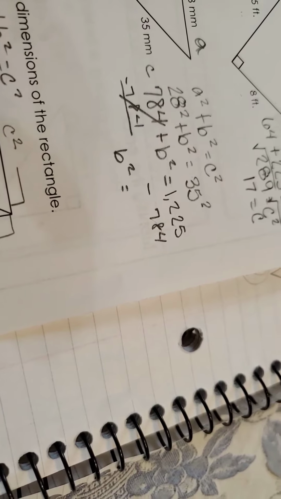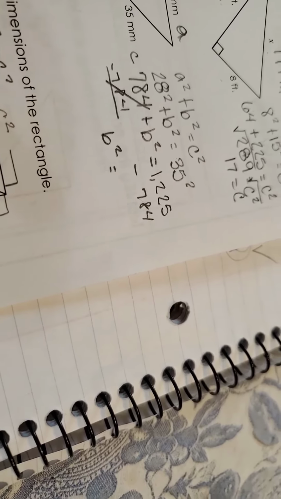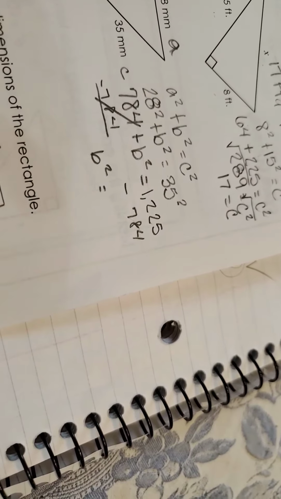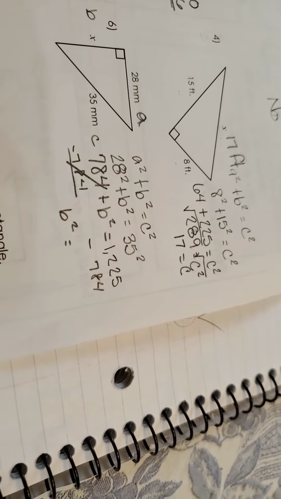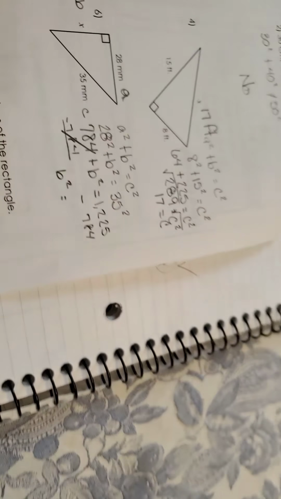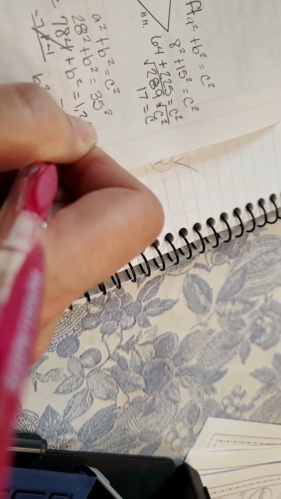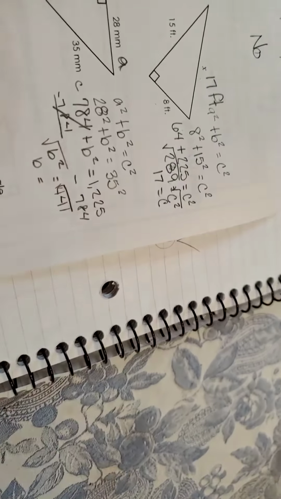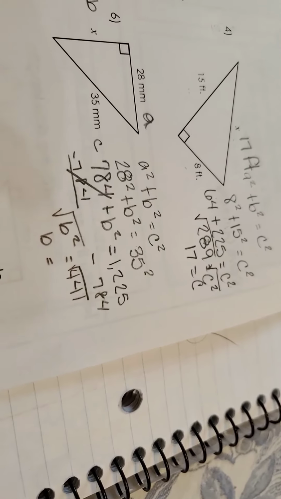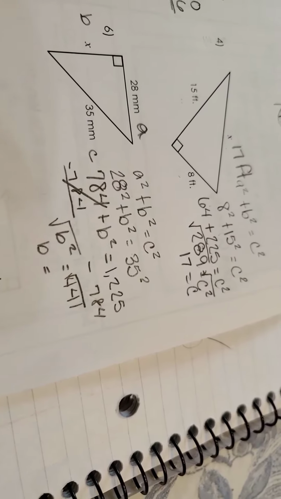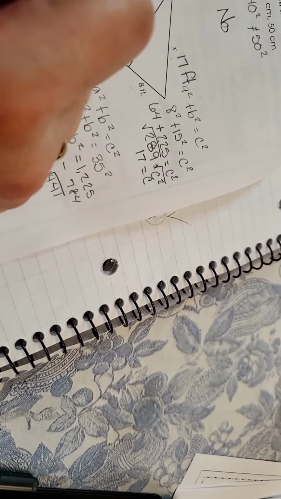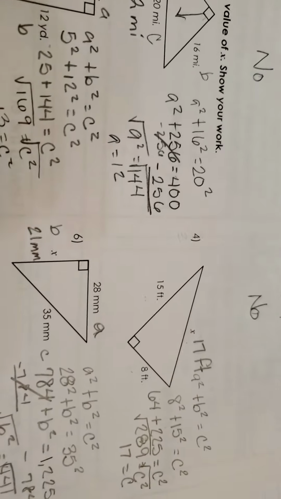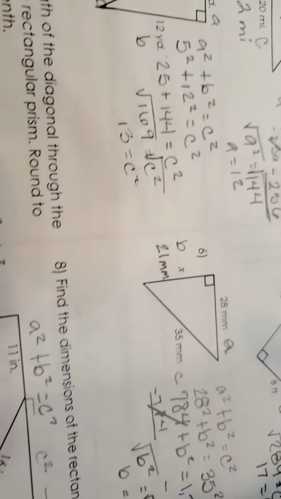So we'll do 1, 2, 2, 5 minus 7, 8, 4 equals 441. Okay, so now we just need to find the square root of that, and we will get our x. So the square root of 441 is 21. Okay, so this is 21 millimeters.